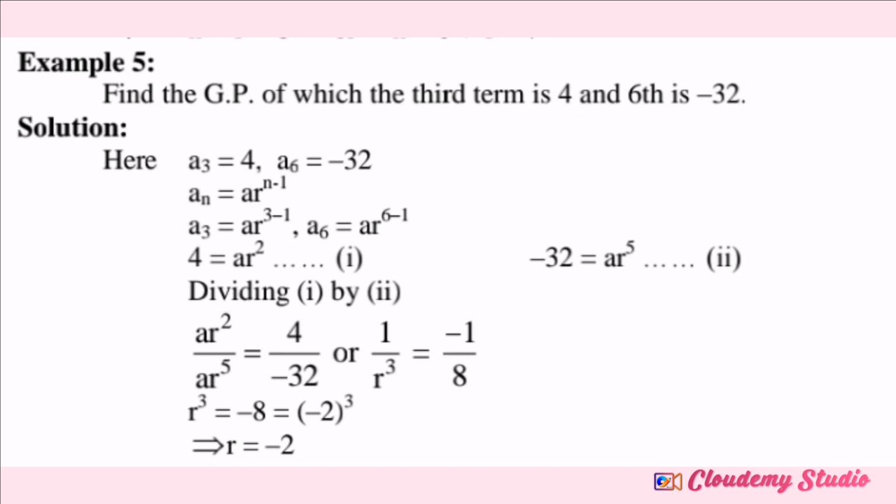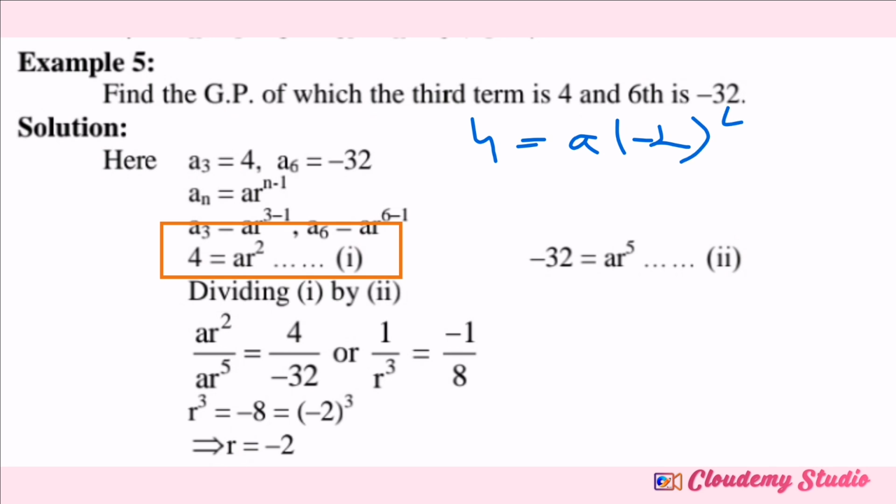Now the geometric progression becomes a1. Now by using equation 1, 4 is equal to a multiplied by minus 2 whole power 2.